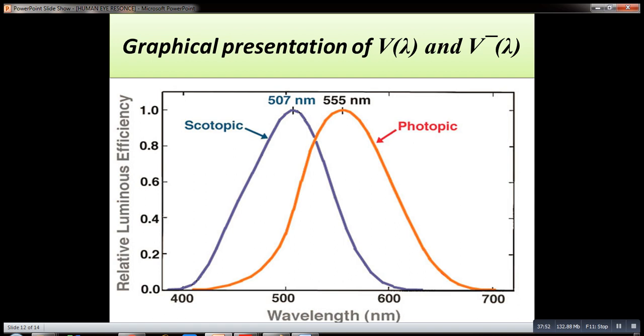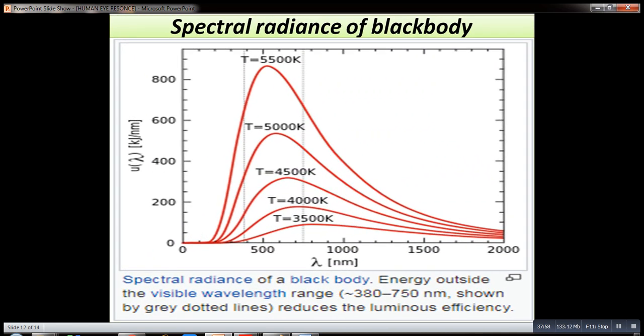In blackbody radiation, look at this curve. With increased temperature of the blackbody, the emitted energy increases and the peak shifts to shorter wavelengths. This means that the luminous efficiency is reduced, and thus efficiency, if we exceed some temperature levels.